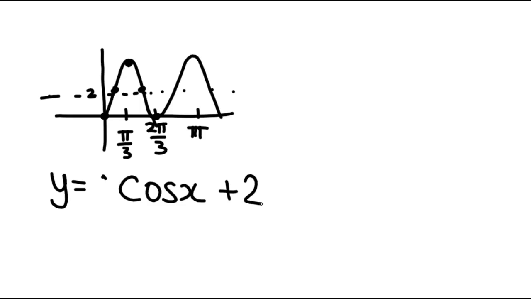Because technically this should be here, and then here, and then above, and then here, and then here. Right? Okay, and if you notice, we started upside down also, right?